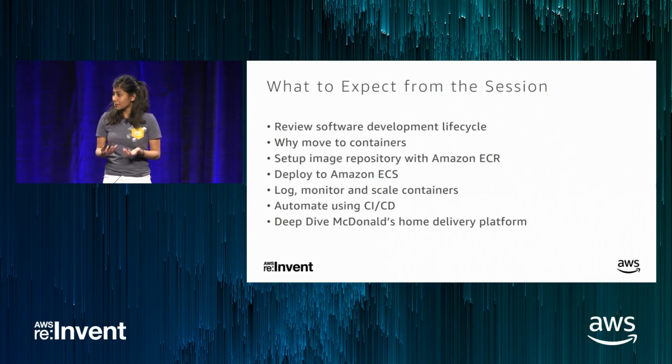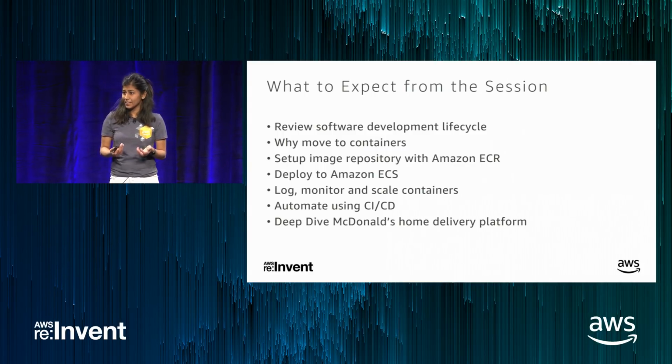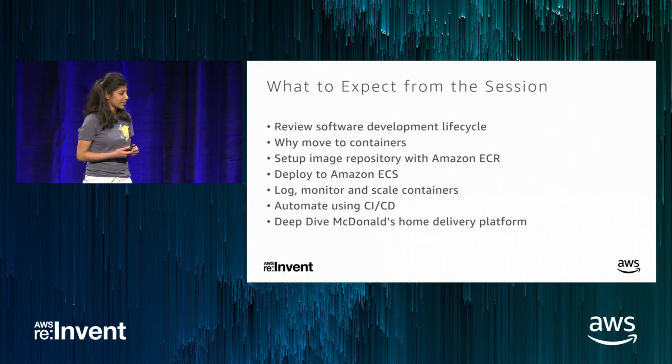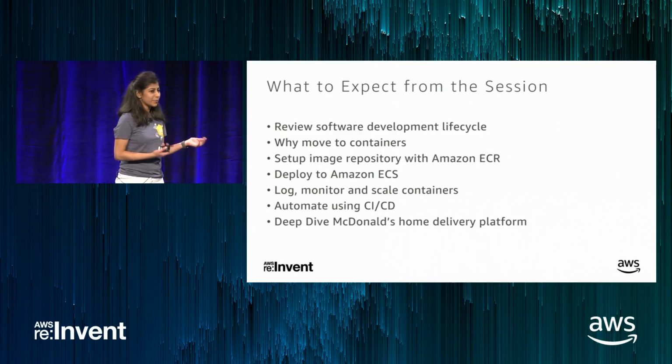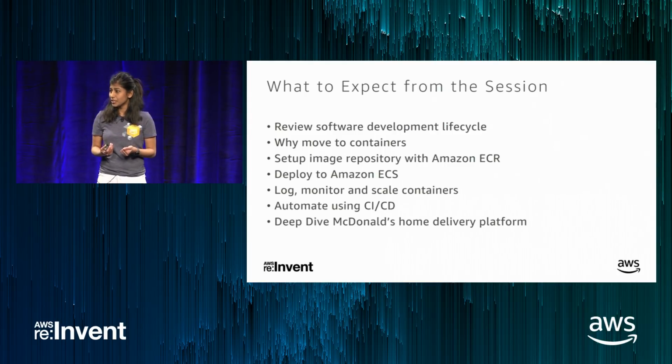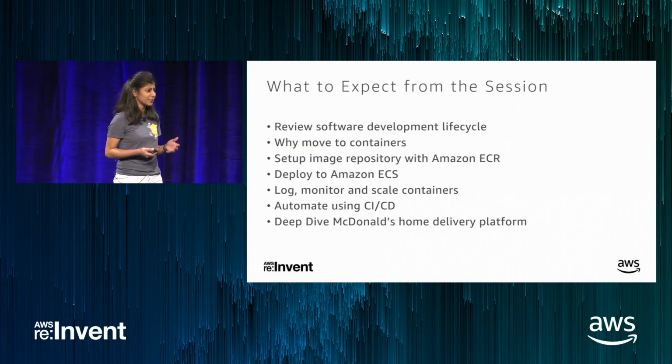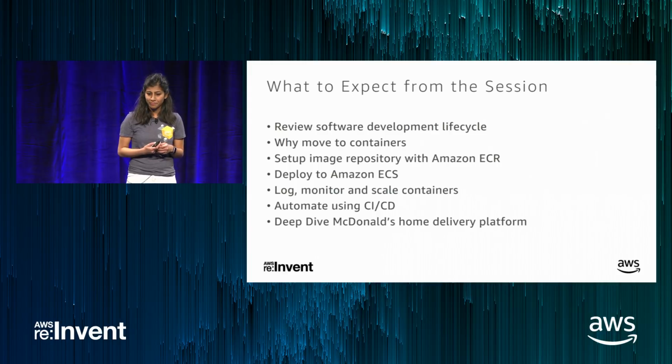We'll learn ways to automate monitoring and scaling and setting up CI/CD pipelines for fail-safe deployments. And then the team from McDonald's will give us a deep dive into how they built their home delivery system using Docker and ECS within 4 months to serve thousands of customers.